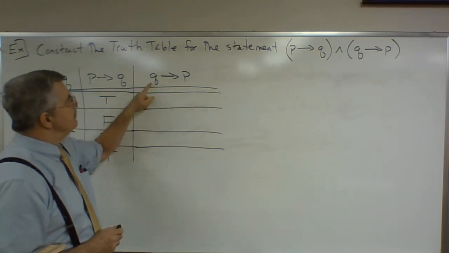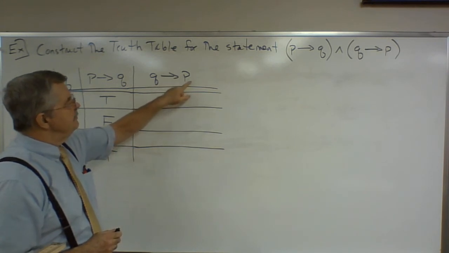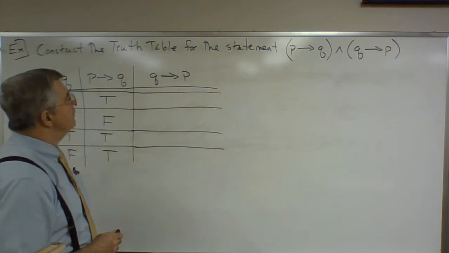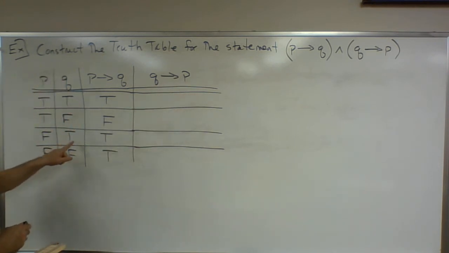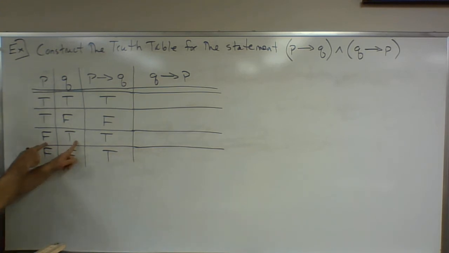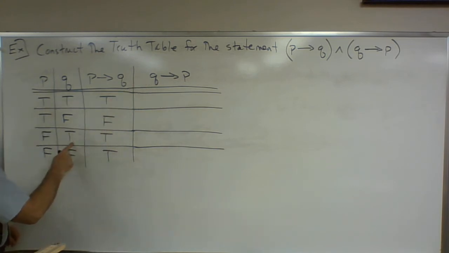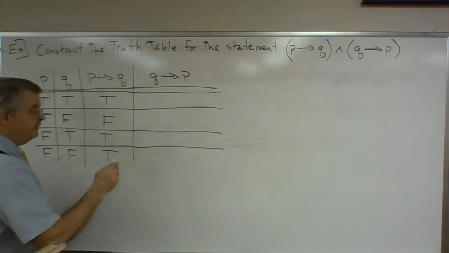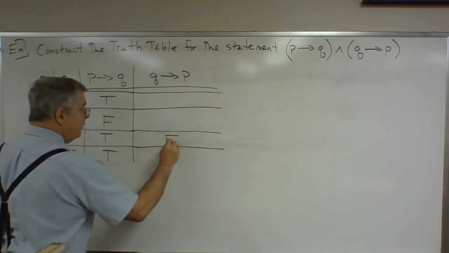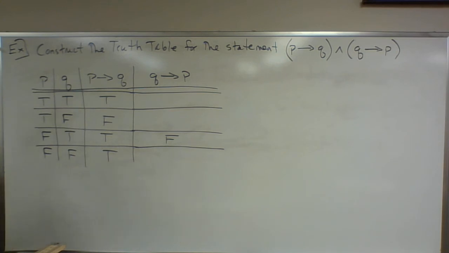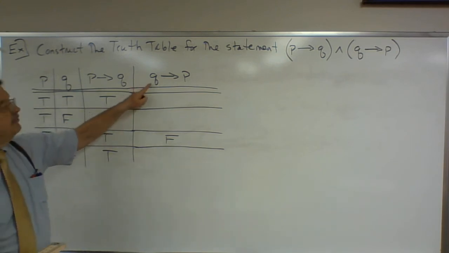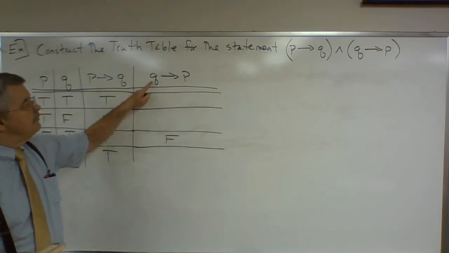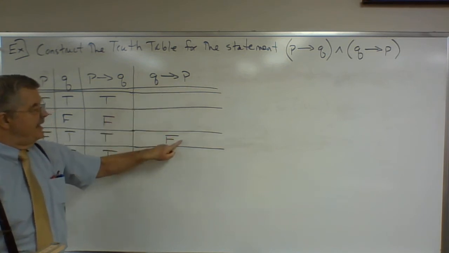If we have true implies false, this statement is false. So when is Q true and P false? Isn't it right here? In this situation, we have Q true implies P false. So in this case, the statement is false. Q is true, P is false. We have true implies false. That's false.